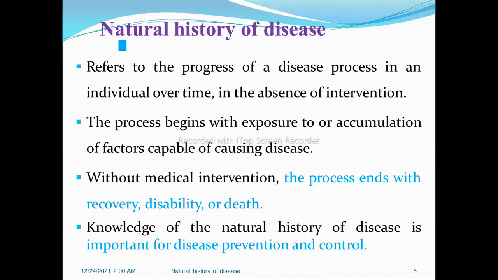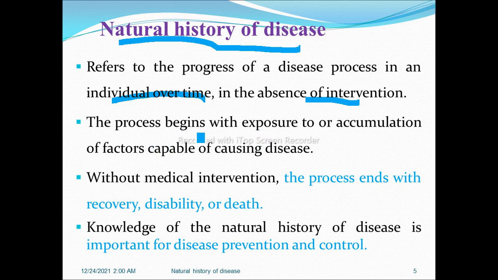So now, natural history of disease. Natural history of disease means the progress of disease process in an individual over time. This is considered under the absence of intervention. So without intervention, the natural disease process in an individual over time is called natural history of disease.